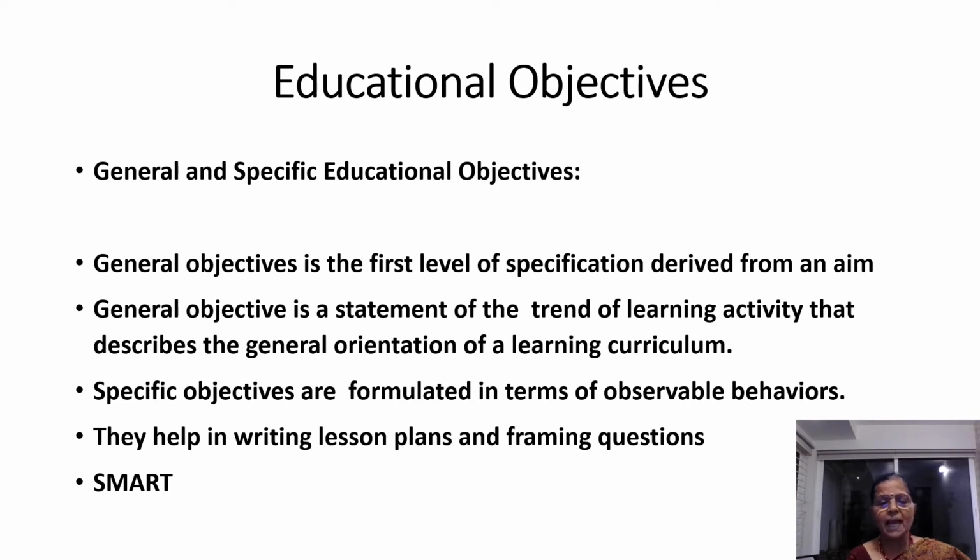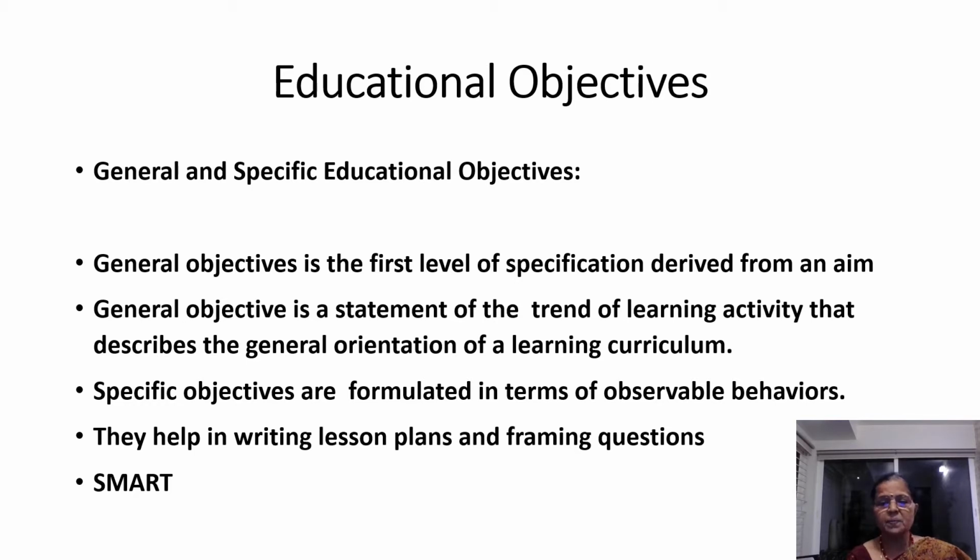And it can be broken up into many small specific objectives. And general objectives are always the first level of specification which come under aim. Aim is much broader. It includes everything. Aim includes the educational objectives, the general objectives, and the specific objectives.